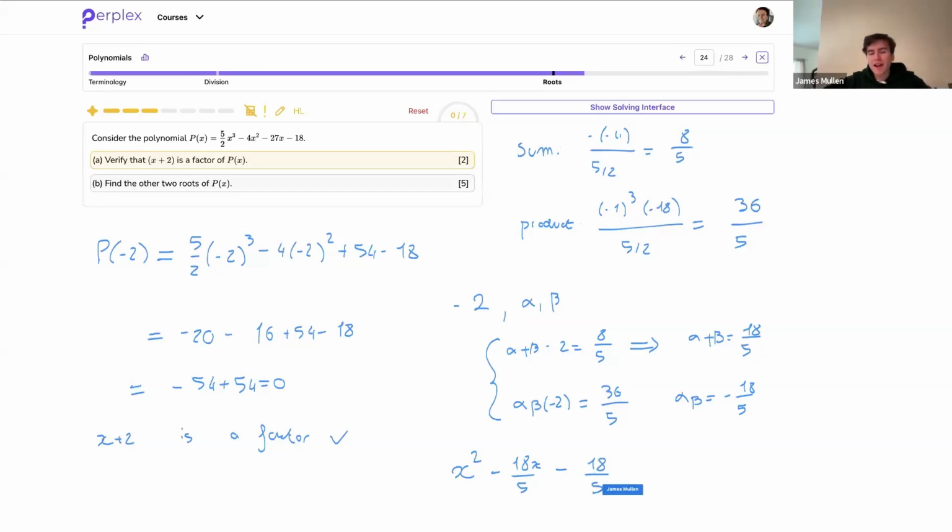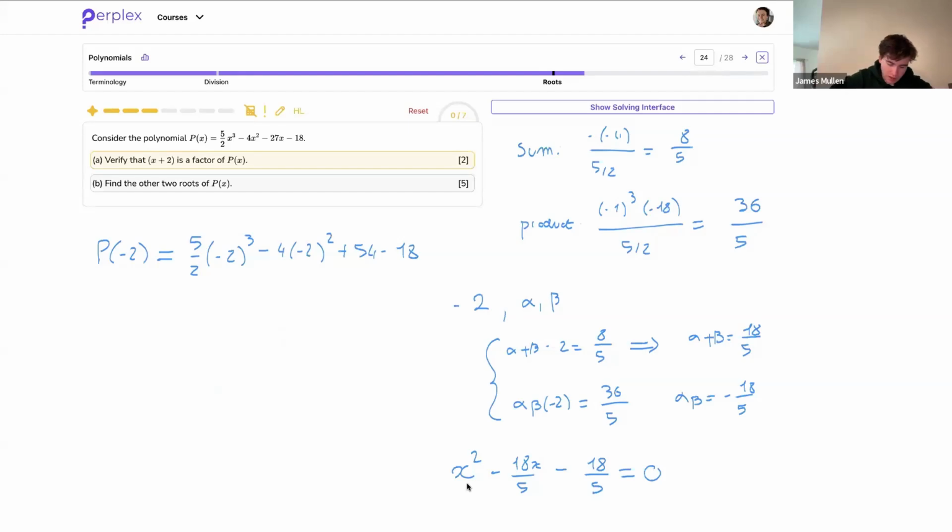Well, because for a quadratic, the sum of its roots is negative the second term divided by the first term, and the product is the third term divided by the first term. So if I let the first term just be 1x squared, then I can simply write down a quadratic for any known sum and product of roots, and I can turn it into a quadratic that has only integer coefficients, and that's going to make my life a little bit easier.